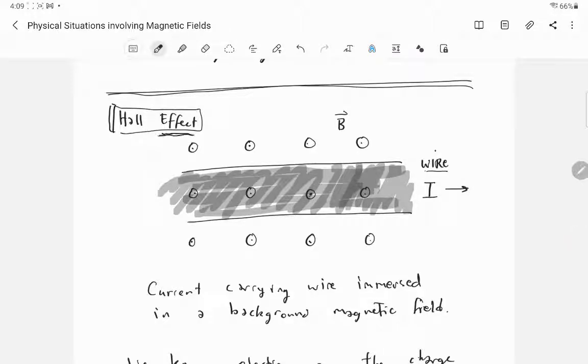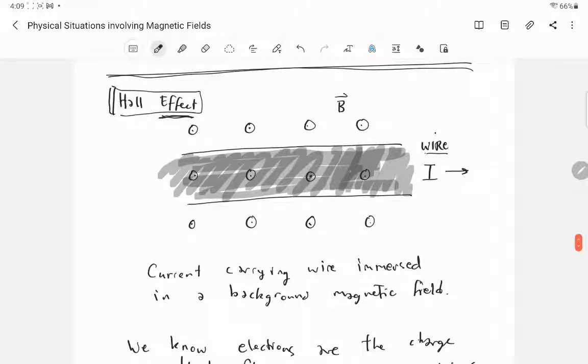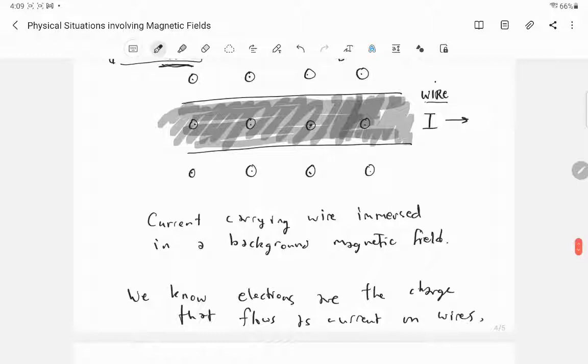What we do is we pay attention to a particular effect. So let me redraw this situation, but I'm going to indicate the electrons that are the objects that are moving as the current, and also the background nuclei. Those are the positive charges that do not get to move. All right, so let's see what happens.